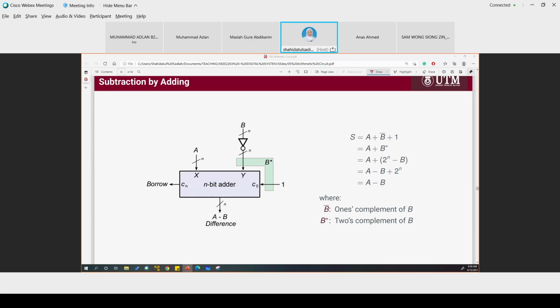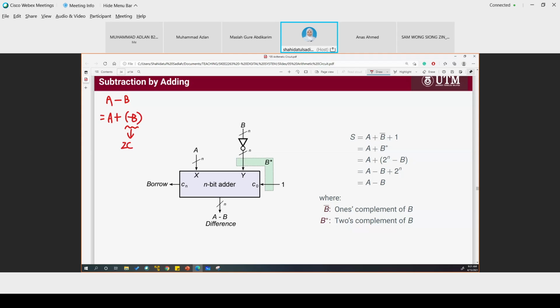Subtracting by adding. Now remember, A minus B is equal to A plus negative B. So how we get the negative B is using 2's complement.